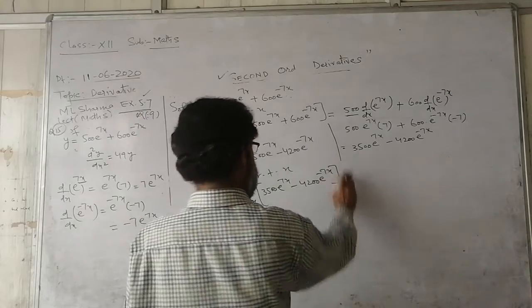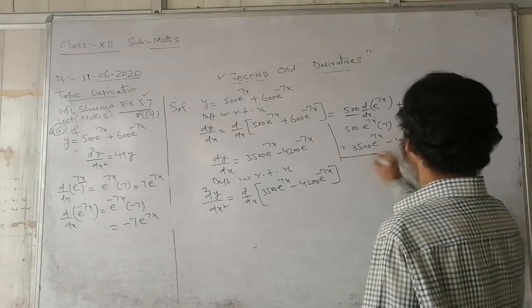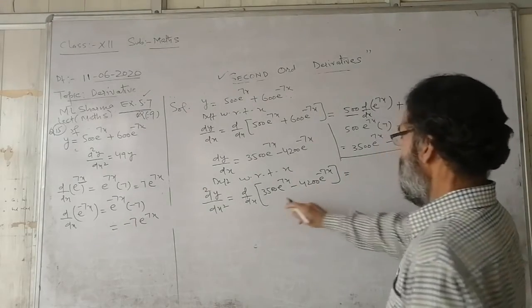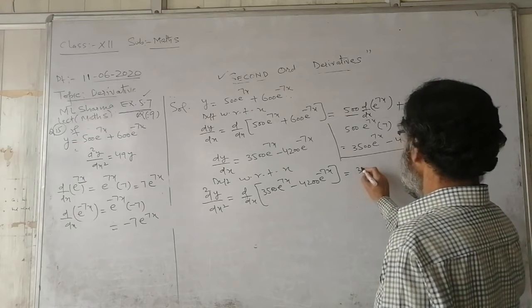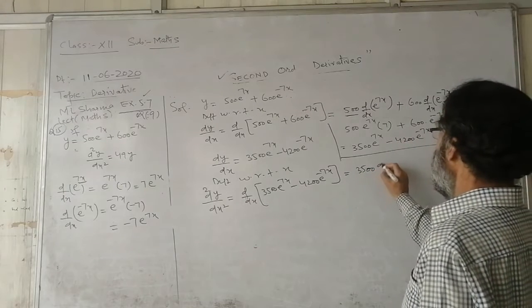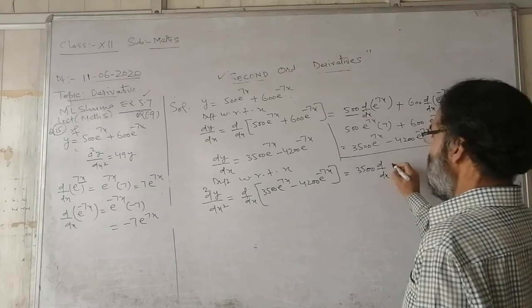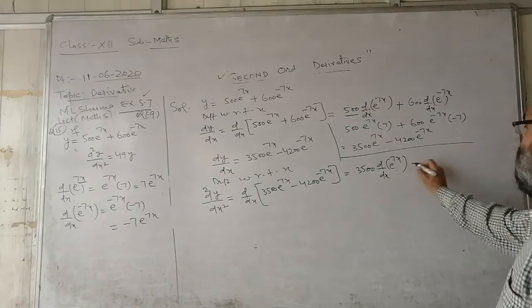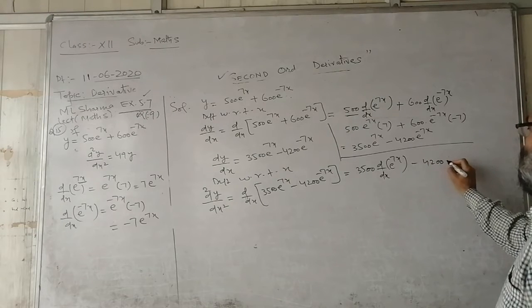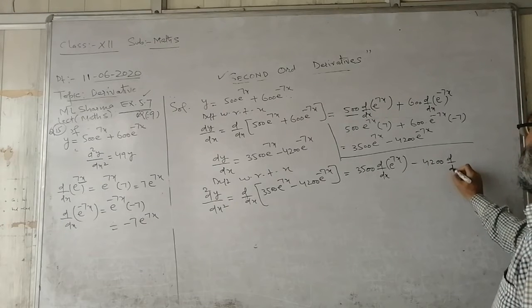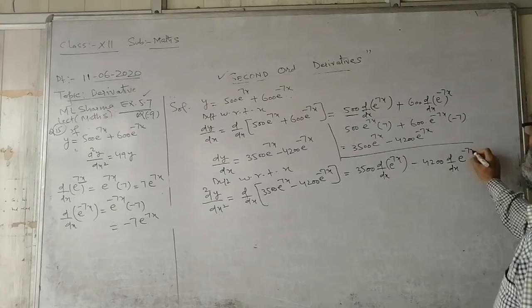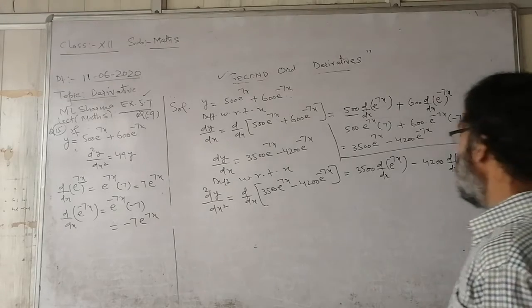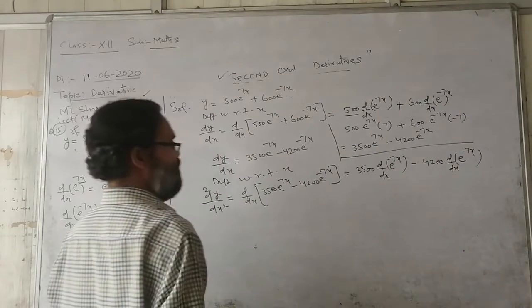So this will equal to, this is constant, I can take outside, d upon dx of e raised to power 7x minus 4200 d upon dx of e raised to power minus 7x.